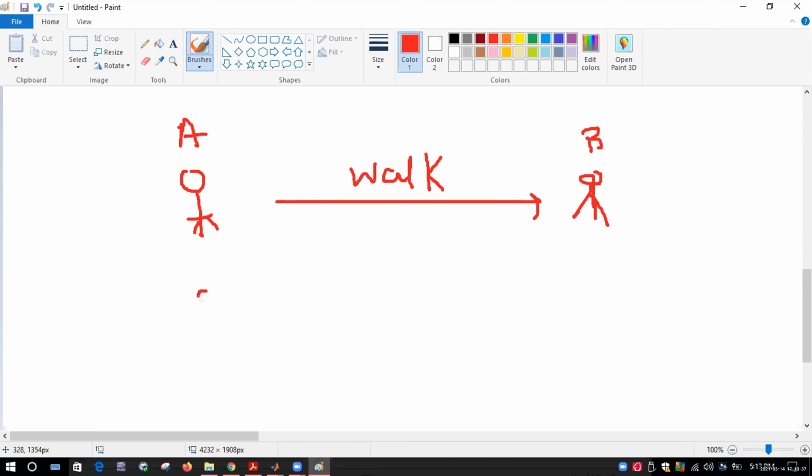Now, next time, you are taking a car. Sorry, I'm not a good artist. It's okay, Mr. Samir. This one is an airplane, Mr. Samir, not a car.